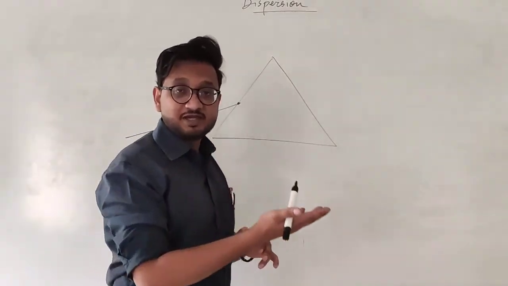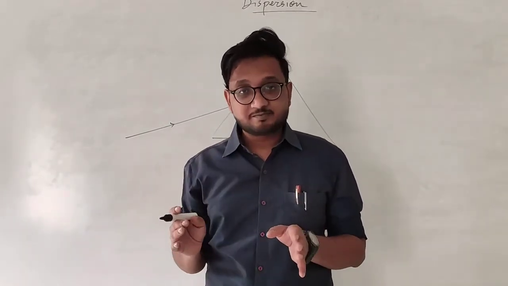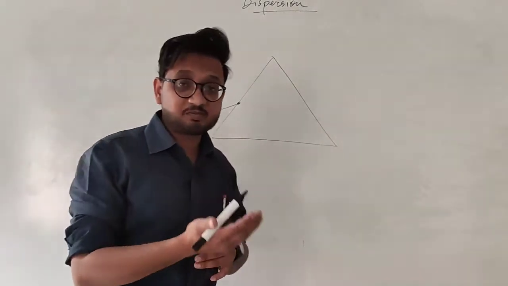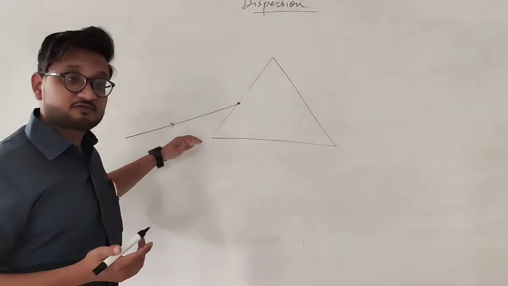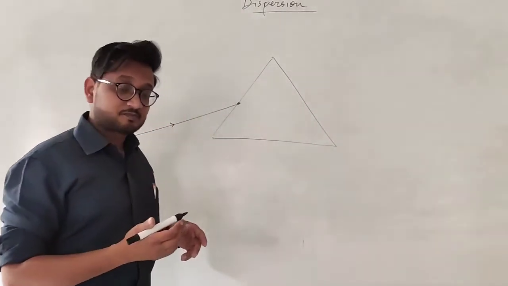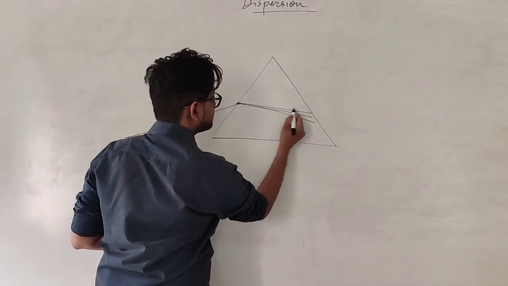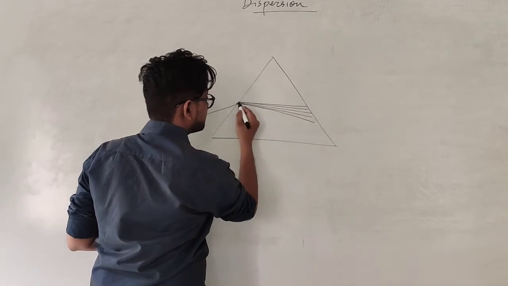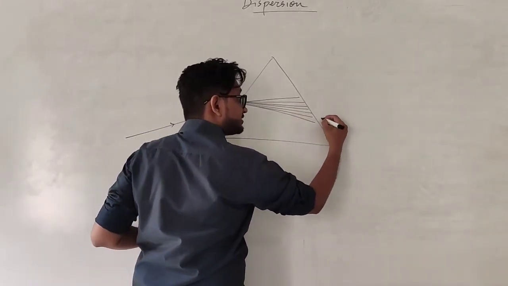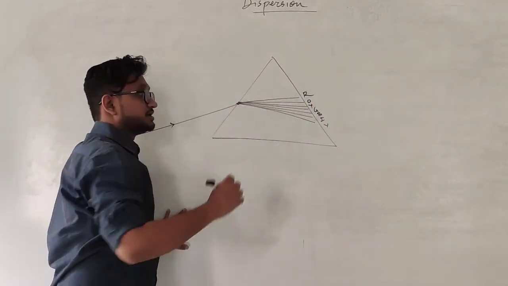The white light has all the colors. When it is moving in the atmosphere, that is the air around us, there is no change in it. But as soon as it enters a glass prism, a different medium, all the colors of the white light having different wavelengths split up, like this: violet, indigo, blue, green, yellow, orange and red.